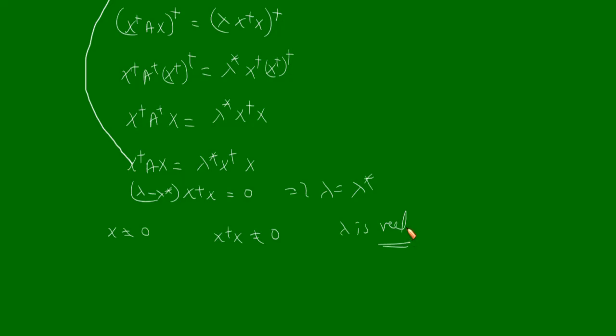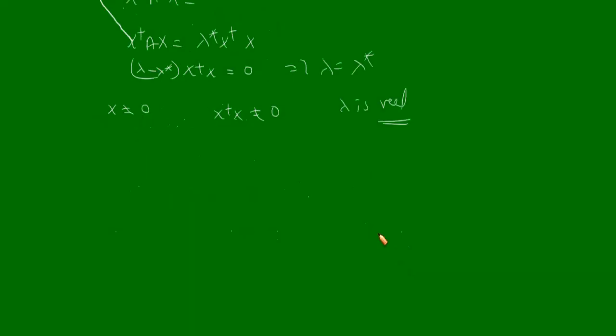Next we can prove that the eigenvectors corresponding to two distinct eigenvalues of a Hermitian matrix are orthogonal. So let us take two eigenvectors. Let us take x1 and x2 be the eigenvectors corresponding to lambda 1 and lambda 2.